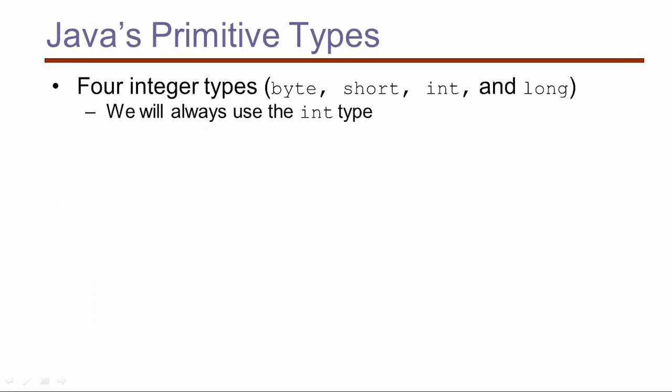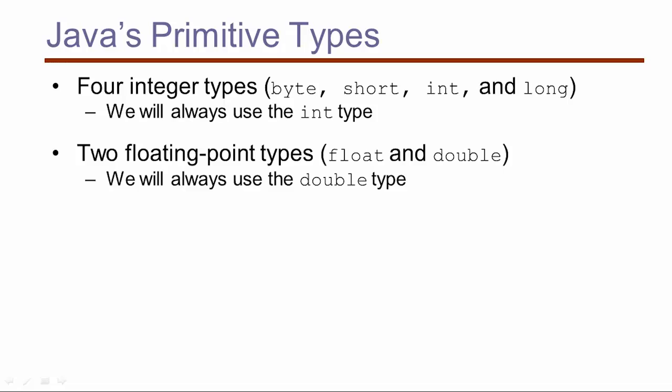Java has several types that are called primitive types since they are built into the actual computer hardware. There are 4 types that can be used to hold whole numbers, or what we refer to as integer types. Most often we will simply use the type int. Then there are 2 types that can be used to hold floating point numbers, of which we will most often use the type double.